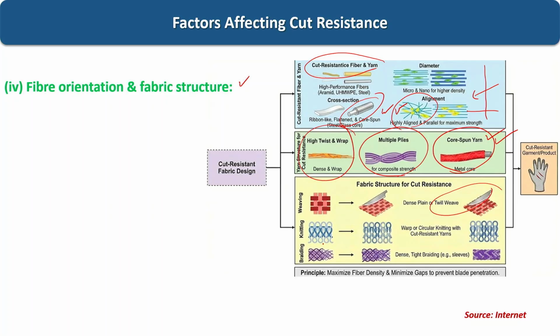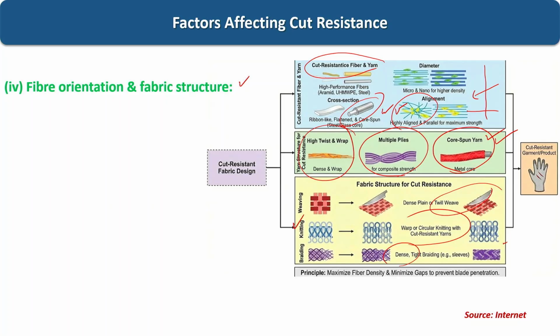Similarly, in knitting we can have warp knitting or weft knitting, and we can change the loop height, stitch length, that is loop density. So, that also affects the cut resistance. And in braiding, we can have dense or tight braiding for higher cut resistance.